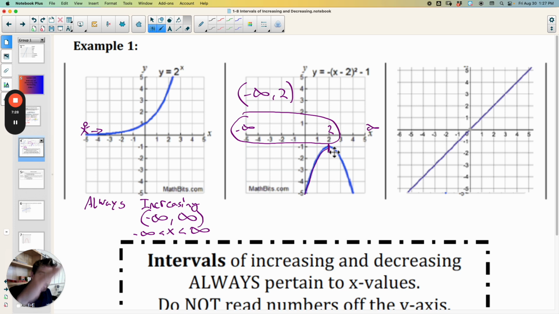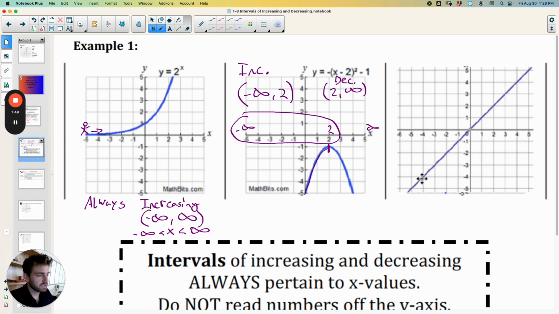So you go up, you hit the peak, you stop for a second, and then you come down. So we're increasing here, I'm going to get lazy and write an abbreviation, and we're decreasing from 2 to infinity. So we'll say decreasing.